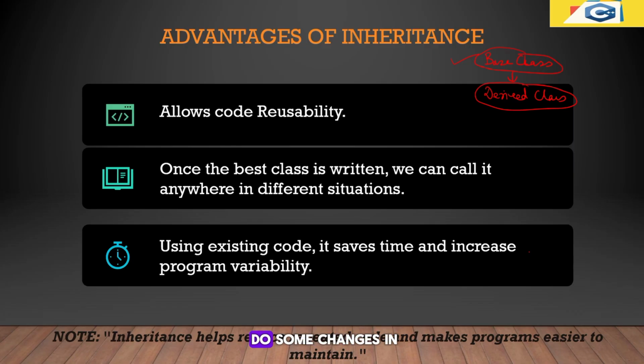If I want to make some changes in the already existing code, I can do that also according to the program's requirement and the situation. So inheritance helps us reduce repeated code. It saves time. It makes the program easy to understand and easy to maintain.